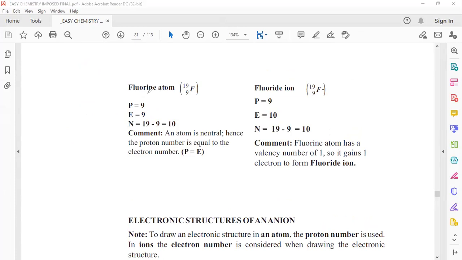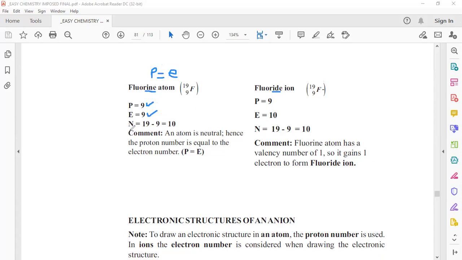As you can see, the name is different. This is fluorine. When it becomes an ion, it's called fluoride. So fluoride is 19F negative, fluorine is 19F, there is no charge. Remember, in an atom, the P should always be equal to the E, and that is why you have a 9, you have a 9.